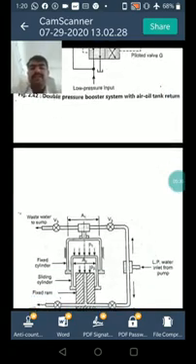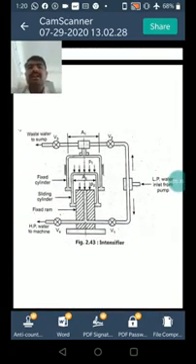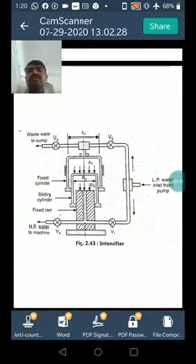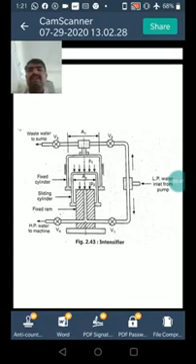Okay, then next is the construction of the intensifier. The figure shows the intensifier. It consists of a fixed ram, a fixed cylinder and a sliding cylinder. A sliding cylinder slides over the fixed ram and inside the fixed cylinder.